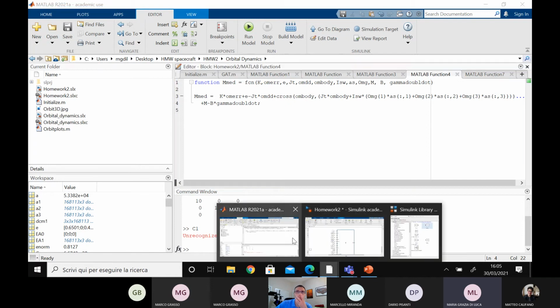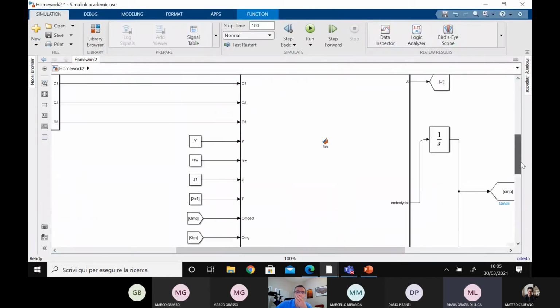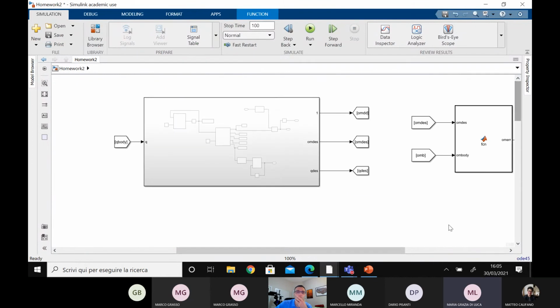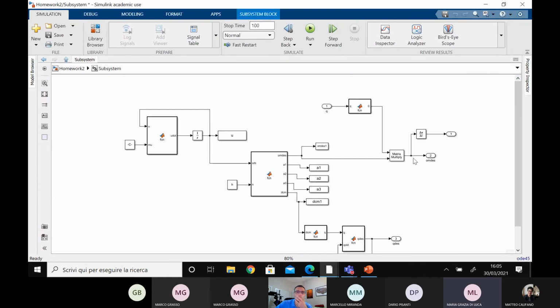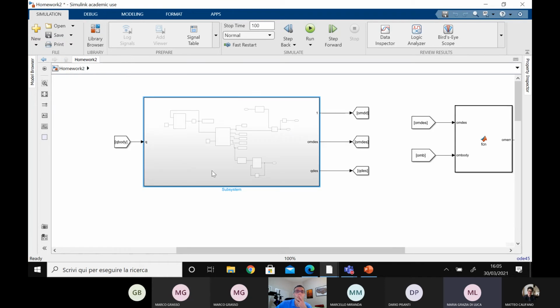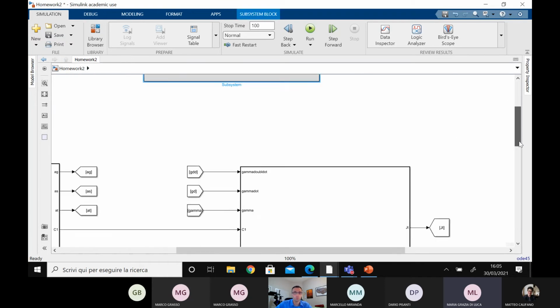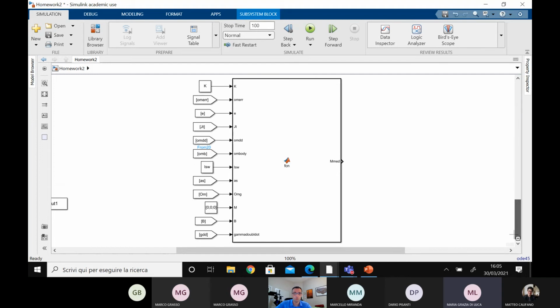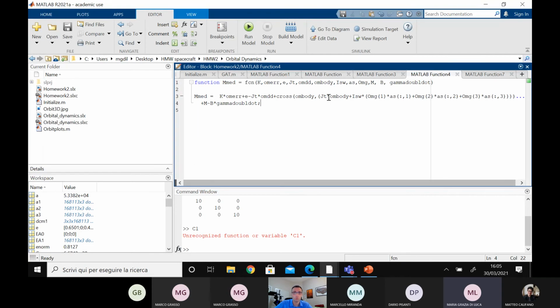Mm-hmm. So it's the one that we obtained in the second block as the numerical derivative after matrix multiplying, obviously, so that we get it in the spacecraft reference frame. And then we have omega of the body.